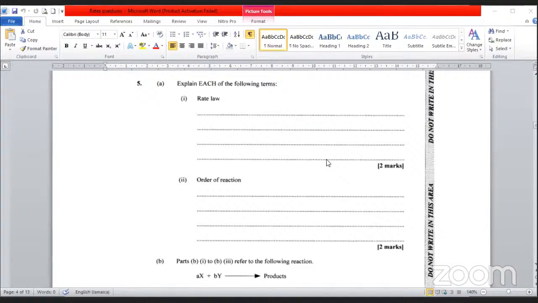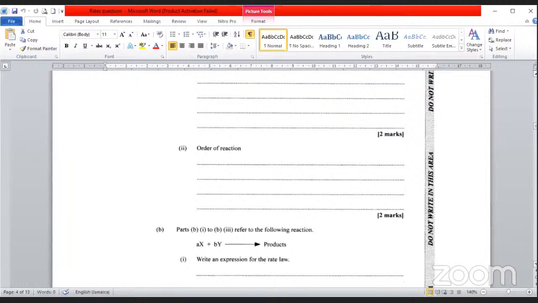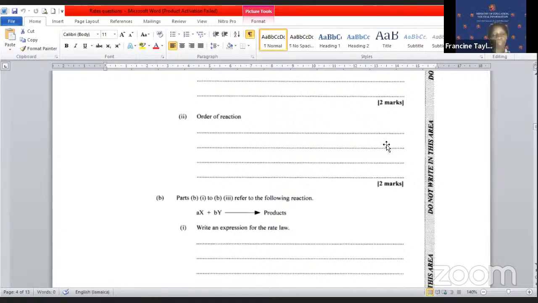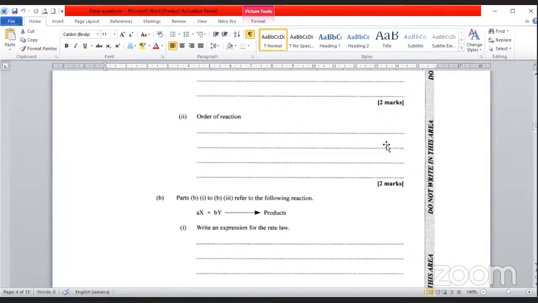Order of reaction. All right, so the order of reaction with respect to a reactant is the power to which the concentration of the reactant is raised. You need to put that in, with respect to a reactant, because remember, you can have the overall order of a reaction.